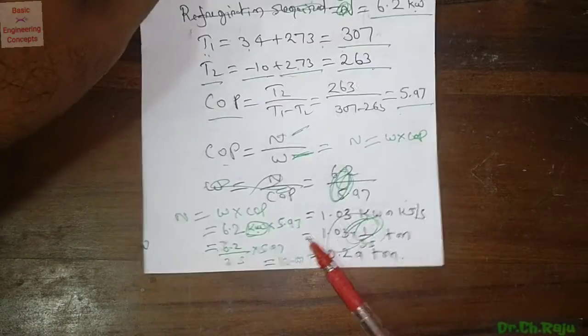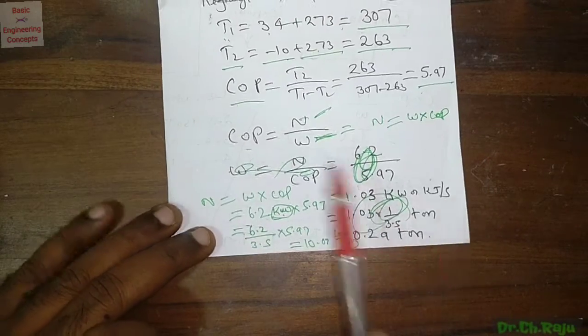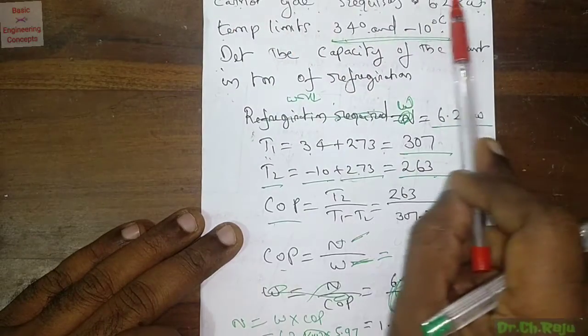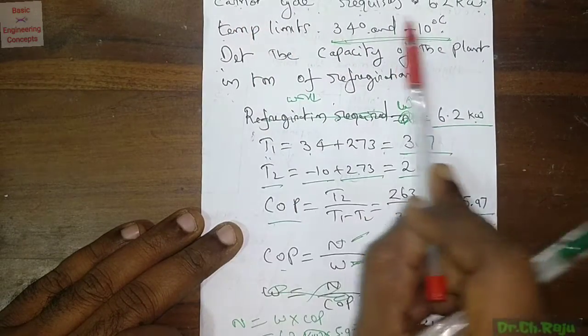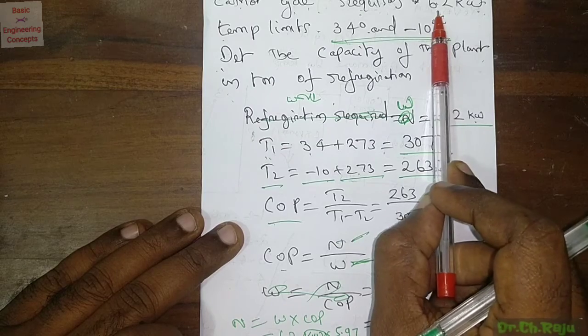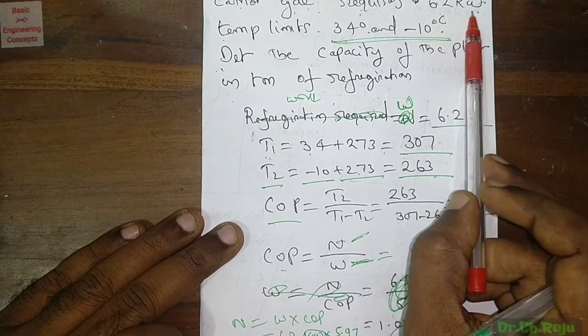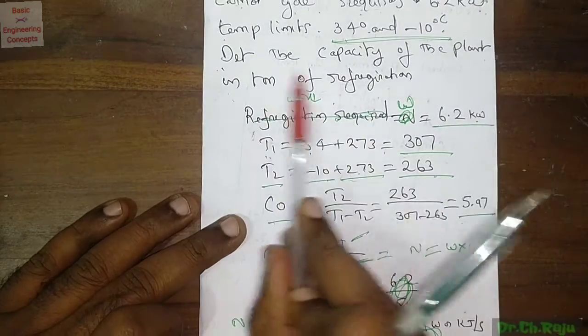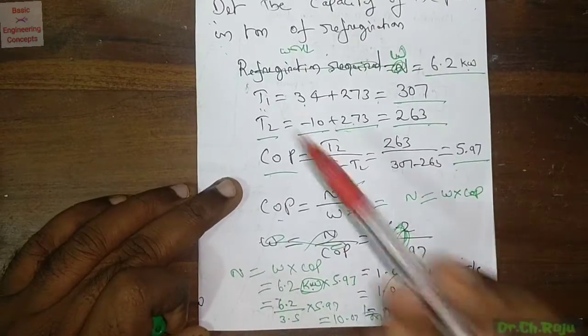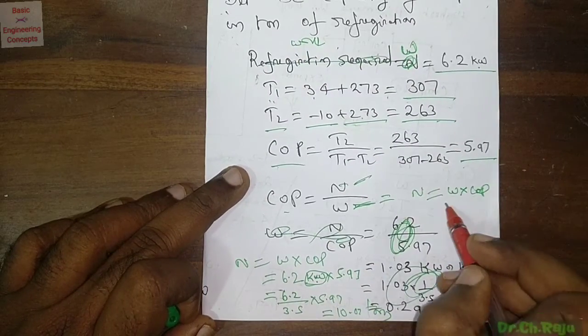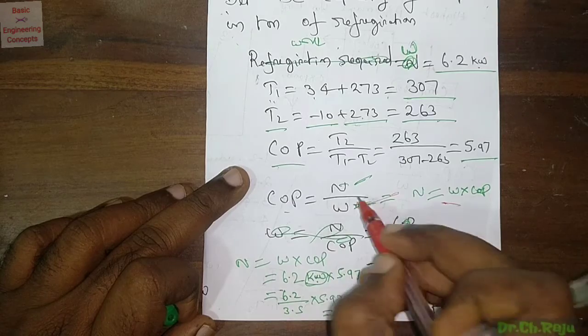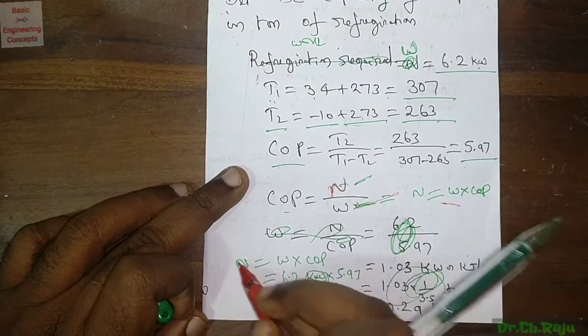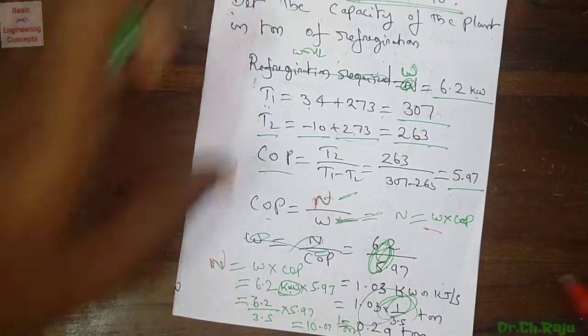You should note this small modification. Here the air refrigerator plant requires 6.2 kilowatts of work. To determine the capacity of the plant, W is given, so N is calculated, about 10 tons.